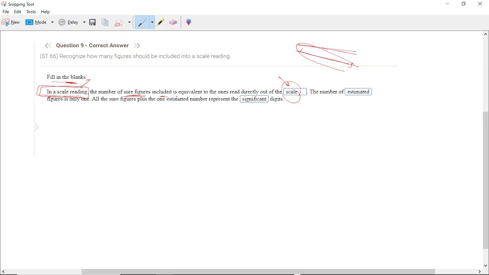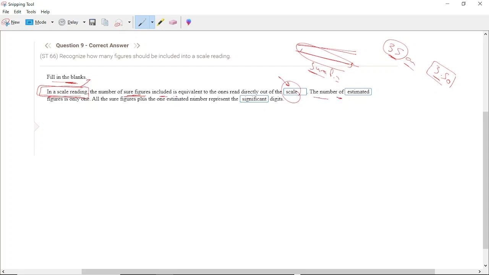From the scale I will get the sure figures, like we mentioned before: 35 centimeters, this is a sure figure. 3.5 centimeters, this is a sure figure.